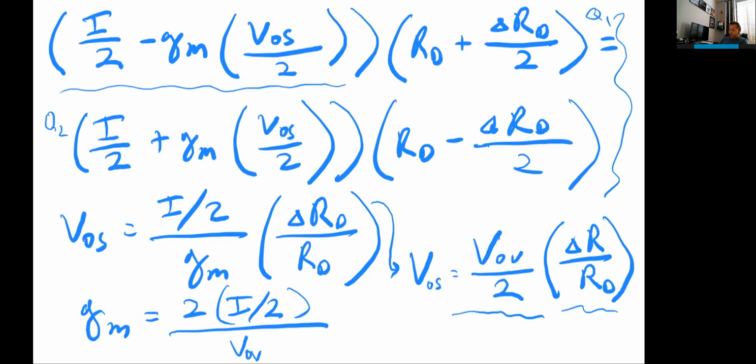All right, so let's look at another quantity that can contribute to the output offset. So here we're also going to look at offset due to the K mismatch of the transistor.